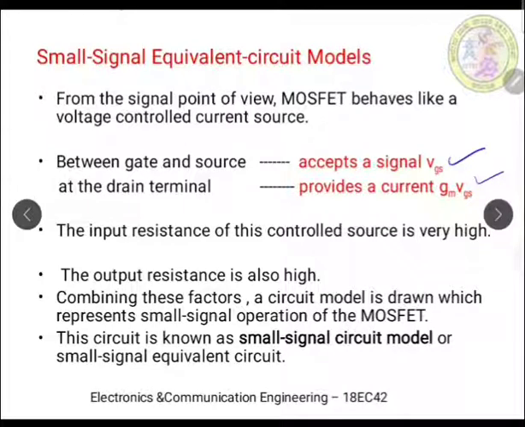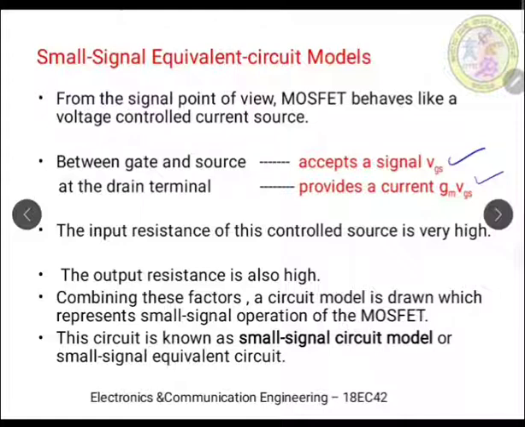Combining all these factors of the MOS amplifier circuit, the circuit model can be drawn in which the MOSFET is replaced by its small signal equivalent. That circuit is known as the small signal circuit model or small signal equivalent circuit.